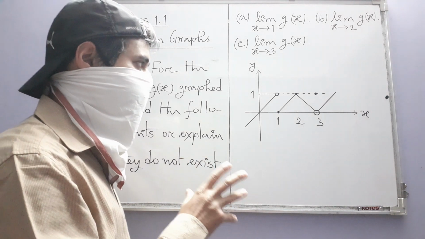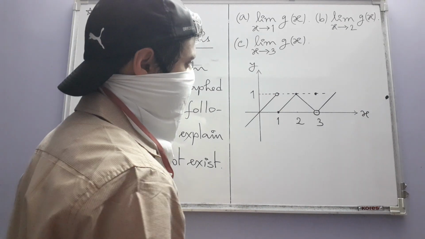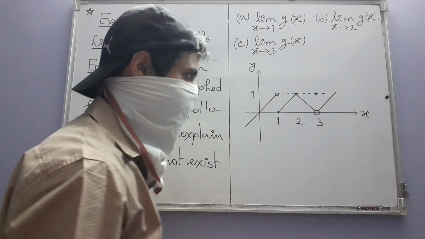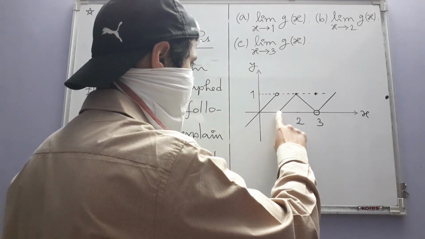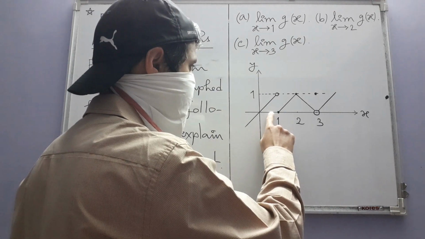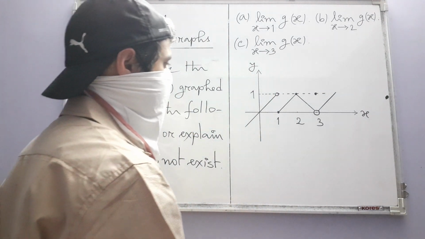So let us first look at the graph of G. You can immediately note that the domain of G is the entire set of real numbers. Why? Let us see. On the left side of 1, for any input, we have an output that we can see from this line itself.